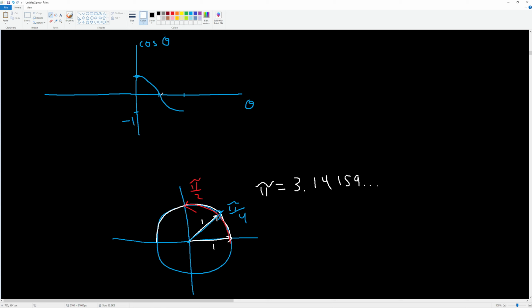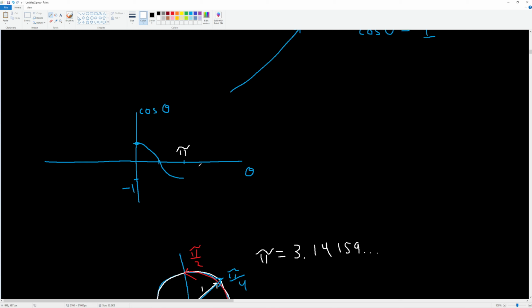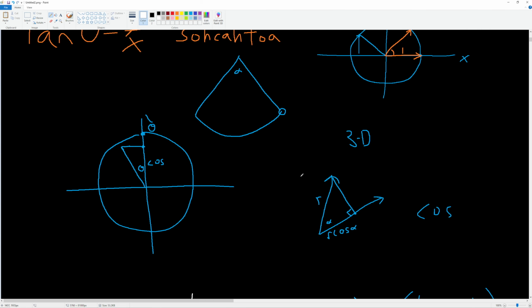So going back here, I'll just write this out, this is pi. Let's look at that one first. When the angle is pi, cosine is going to be -1. So why does that make sense?